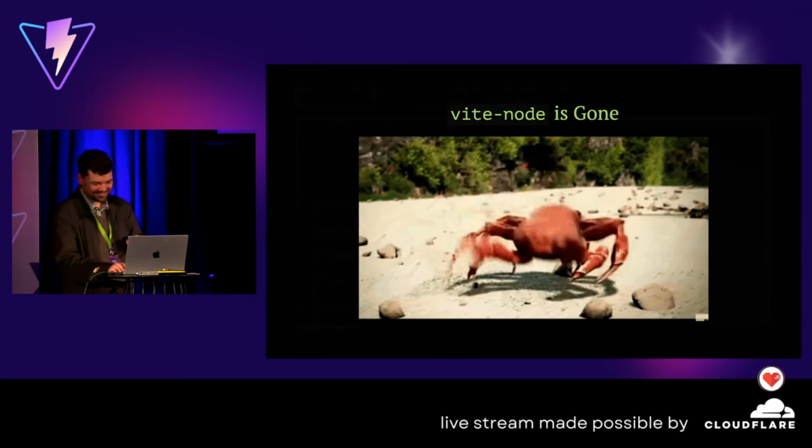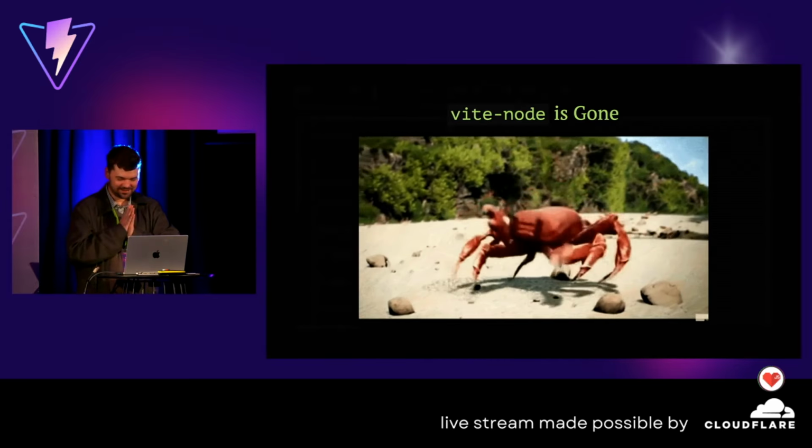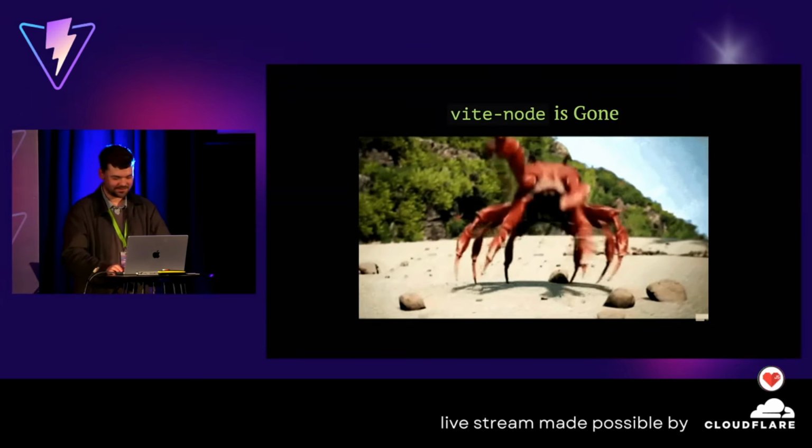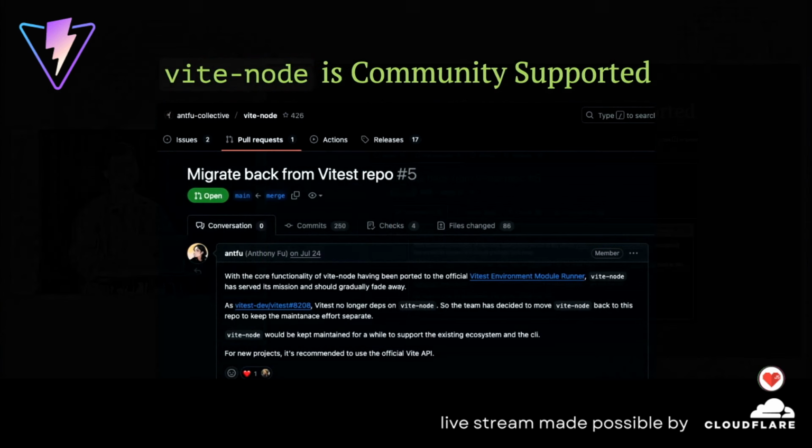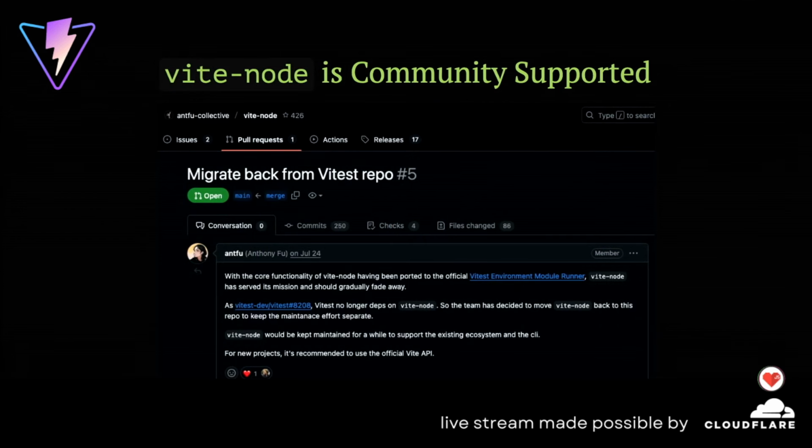Next slide. Vite-node is gone. Rest in peace. Just joking. Vite-node is now community supported. The new environment API that we talked a lot about today, unexpectedly to me. Since Vite 6, we can now use the environment API, and it made it possible for Vitest to drop the Vite-node package from its source.